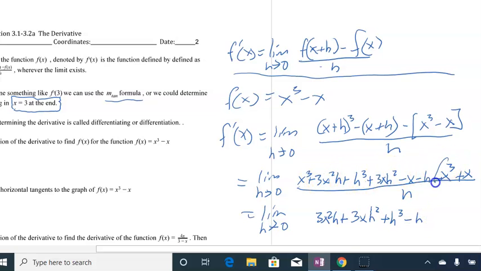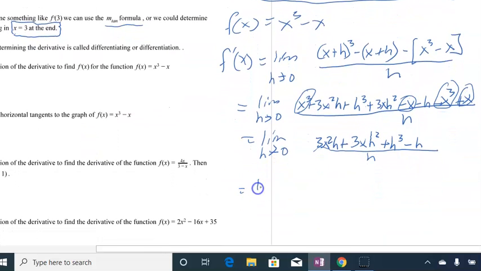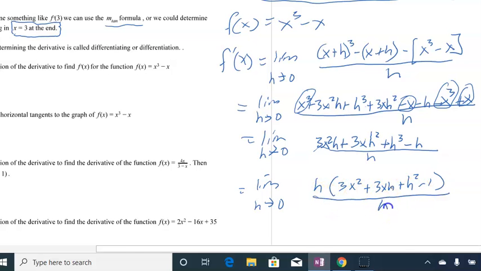Because this x cubed would drop out, and then there should be a minus x dropping out plus x, and so that's what we're left with, all of this over h, and then we can factor out an h. So that's the limit as h approaches 0; we factor out an h, we have 3x squared plus 3xh plus h squared minus 1, and that's all over h.